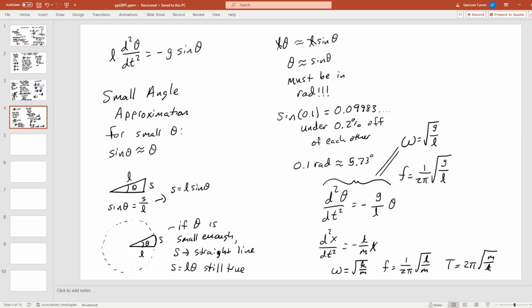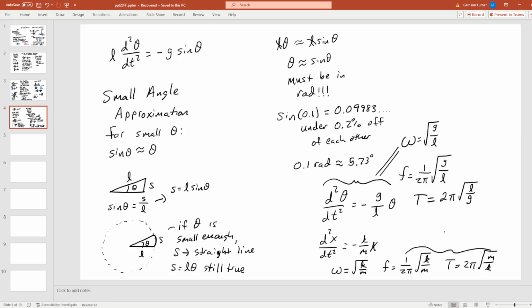Okay? And it usually makes a little bit more sense intuitively when we put this in terms of the period. So if I look at these two equations, they are just reciprocals of each other, so F and T have to be reciprocals of each other. So the period of a simple pendulum is equal to 2 pi times the square root of L over g.